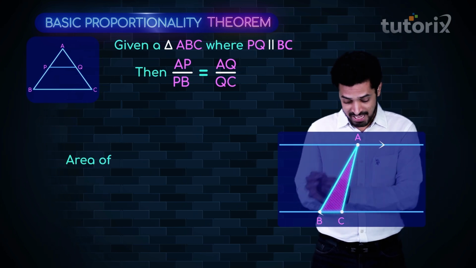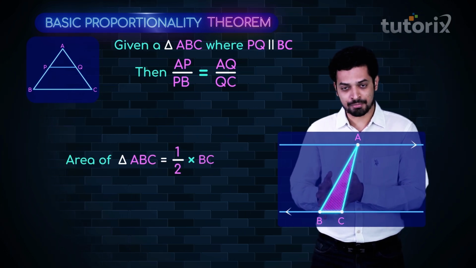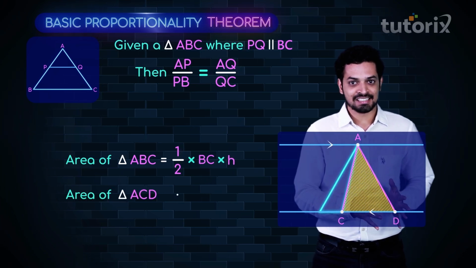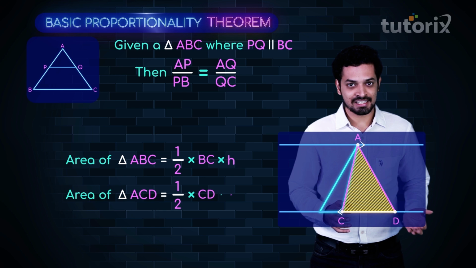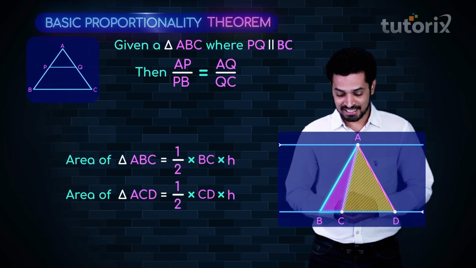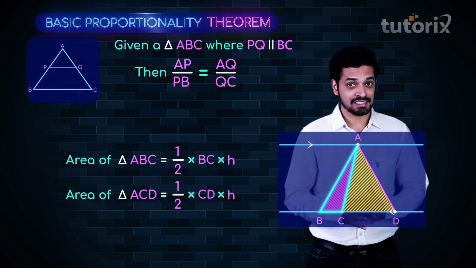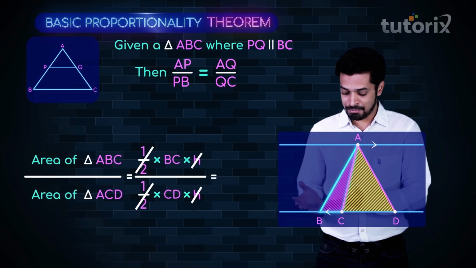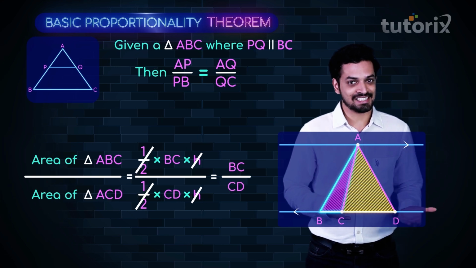So the area of triangle ABC is half into the base BC into the height, and the area of triangle ACD is half into the base CD into the height. Therefore, if I take the ratio of these areas, area of triangle ABC divided by area of triangle ACD is equal to the base BC by the base CD.